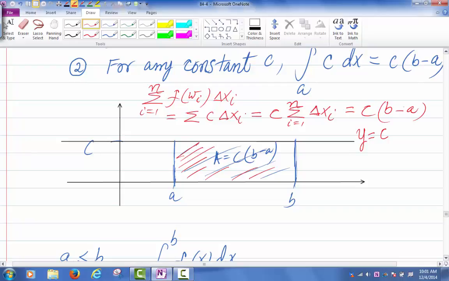So the value of each Riemann sum is c times b minus a. So of course, if I take the limit as the mesh goes to 0, or as the number of partition points goes to infinity, the limit will be the same, because each Riemann sum has the same value. Is that making sense?